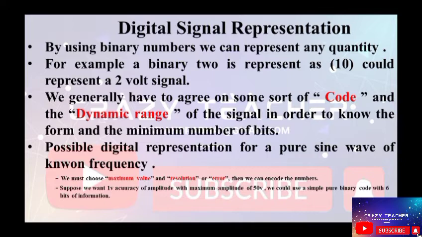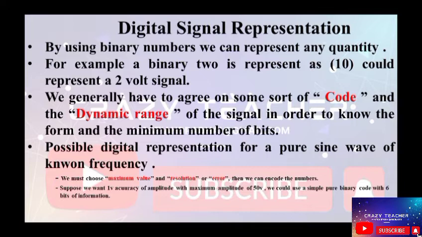If we say that minus 25 volt I will represent as 0, then minus 24 volt I will represent as 1, minus 23 volt I will represent as 2. Like that, if we think about these levels, then ultimately for this minus 25 volt to plus 25 volt, this 50 volt range, I will have 50 different levels of the signal that we can get.